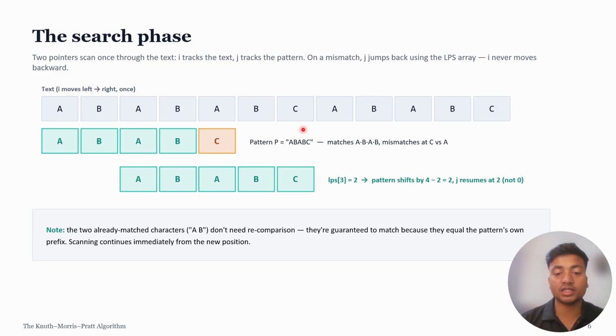If a mismatch occurs, instead of moving back, the pattern pointer jumps according to the LPS array. The text pointer never moves backward. This is why KMP is much more efficient than the naive algorithm. So let us continue from the next slide.